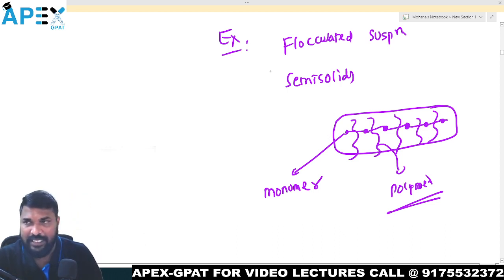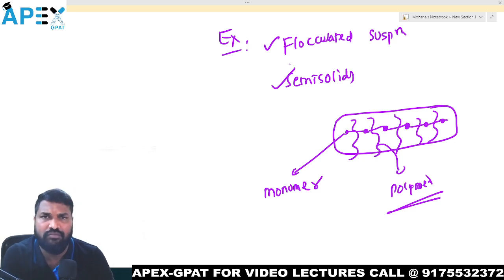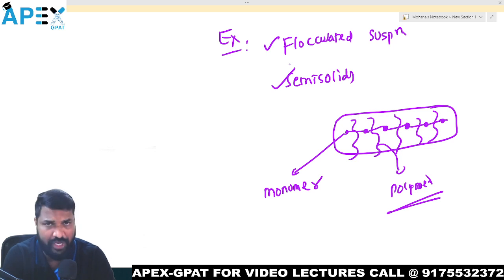That's why the semi-solids are the other example for the plastic flow. Plastic flow, initially there is no flow, but after yield value they start behaving like a Newtonian flow.